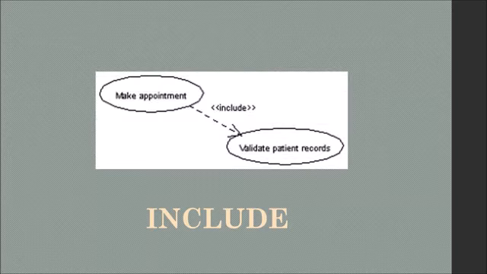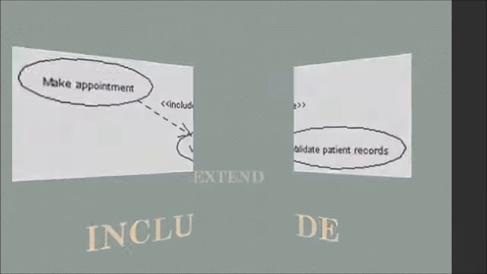A relationship between use cases will be named an include relationship if a use case is seen using also the function of another use case. This is shown as a directed arrow with a dotted line, and it's going to have a stereotype include stated also.